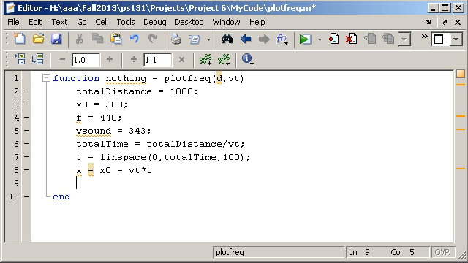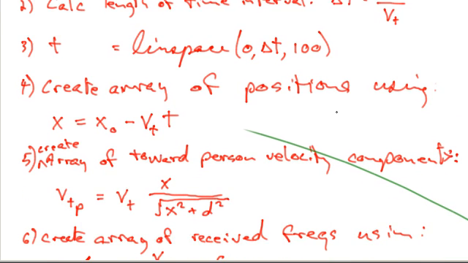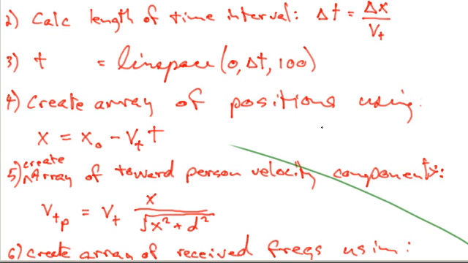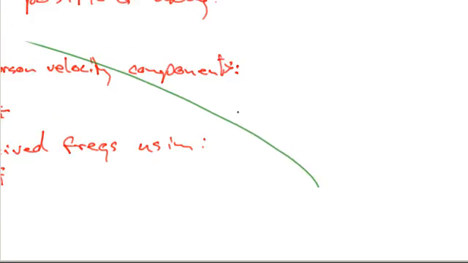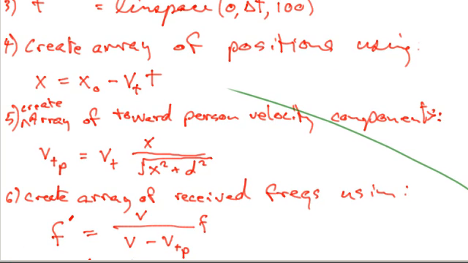And then at each position x, I think I got to calculate what the speed is, the component of the velocity toward the person. I don't know how I got that straight green line there. Let's try. Yeah, there we go. VTP is equal to that.